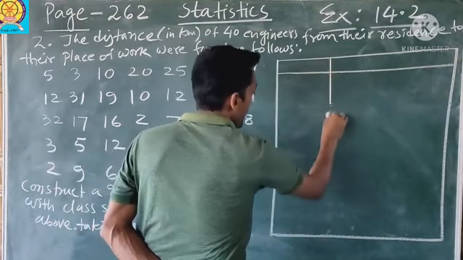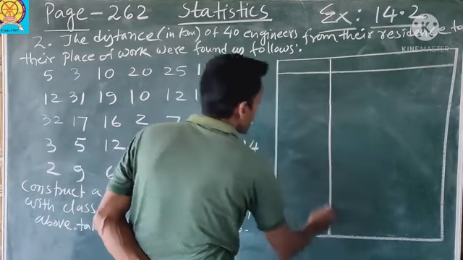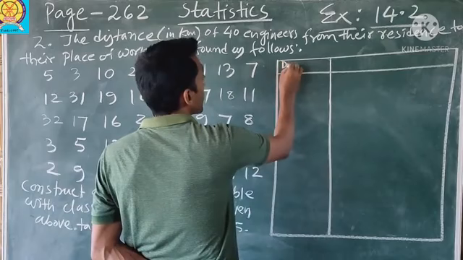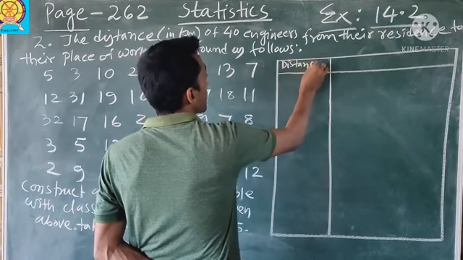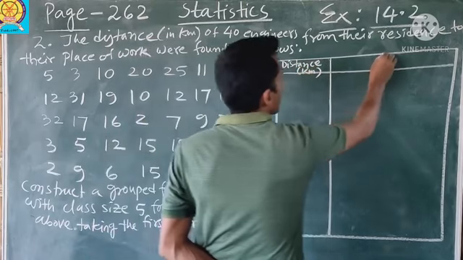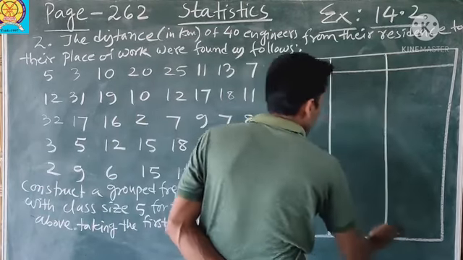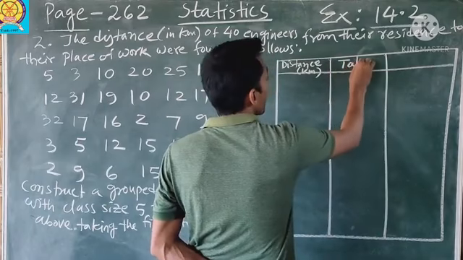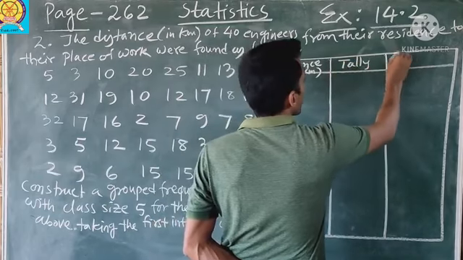First, what we have given? Distance in kilometers. Then you write tally. Then frequency.